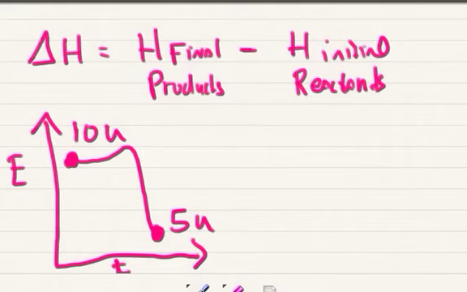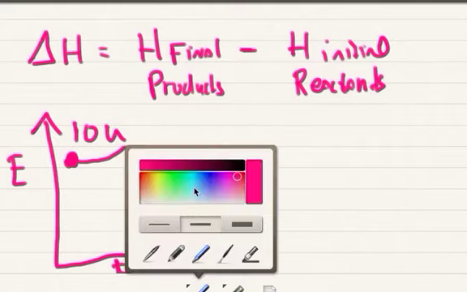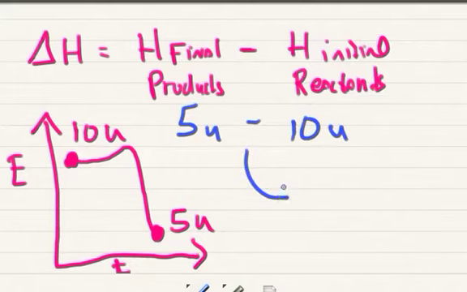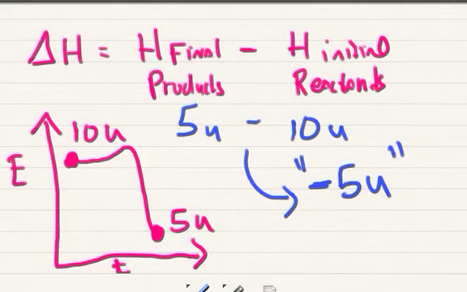But here's the big thing that I want you to zoom in on. What is the final in this case? Well, the final is 5 units of energy, 5 joules, whatever. And the initial is 10. What is 5 subtract 10? Well, 5 subtract 10 is negative 5 units. This is really important.